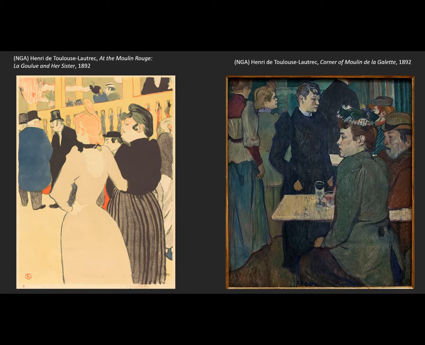But the standard denizens of the bar, and they reappear in all of his works. You can see the degree to which these are really caricatures, right? Exaggerations. And again, that kind of exaggeration is not something that we associate with the Impressionists. So it's another way in which Toulouse-Lautrec's works are often considered to be part of this post-Impressionist group.